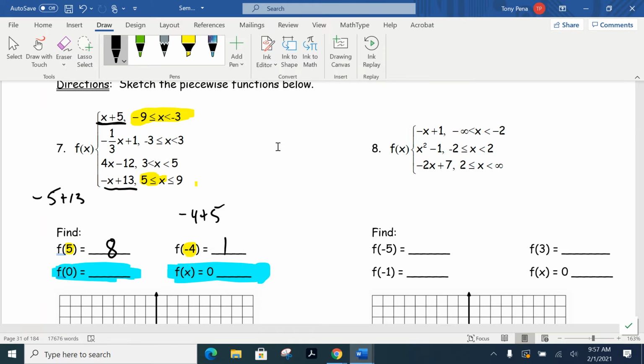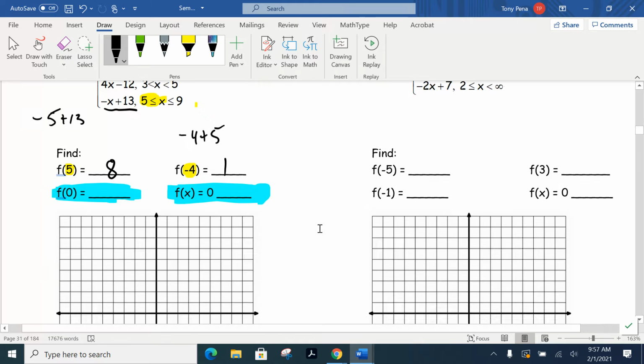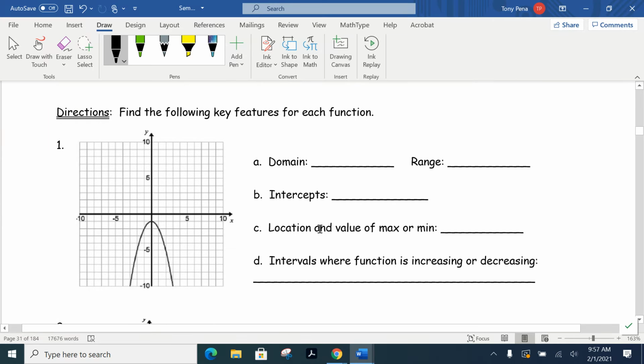All right, do f of 0. That should be easy. Now, we've done a few of these. So do f of 0 real quick.